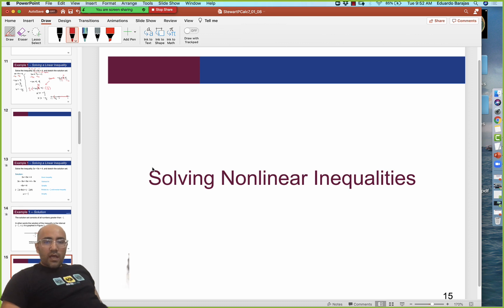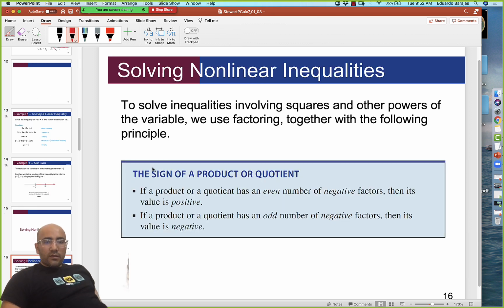Okay, solving nonlinear inequalities. All right, if we end up with something a little more complicated, a nonlinear inequality, then very often what we end up with is something that can be solved by using this idea: if we have a multiplication of a number of items, and we just want to know if it's positive or negative, then if a product or a quotient has an even number of negative factors, the value is going to be positive.